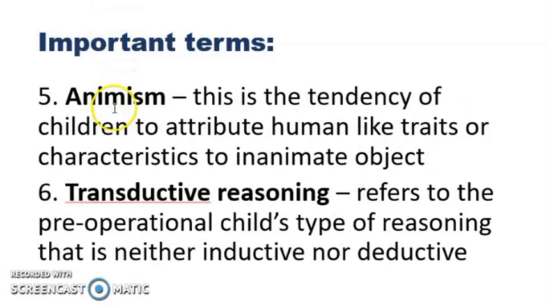Number 5 is animism. This is the tendency of children to attribute human-like traits or characteristics to inanimate object. Okay? So, for example, mga bata sa isang kindergarten school, the teacher asks the pupils this question. Okay? The question is, where is the sun? Okay? So, si teacher kasi is merong storytelling inside the classroom. Okay?